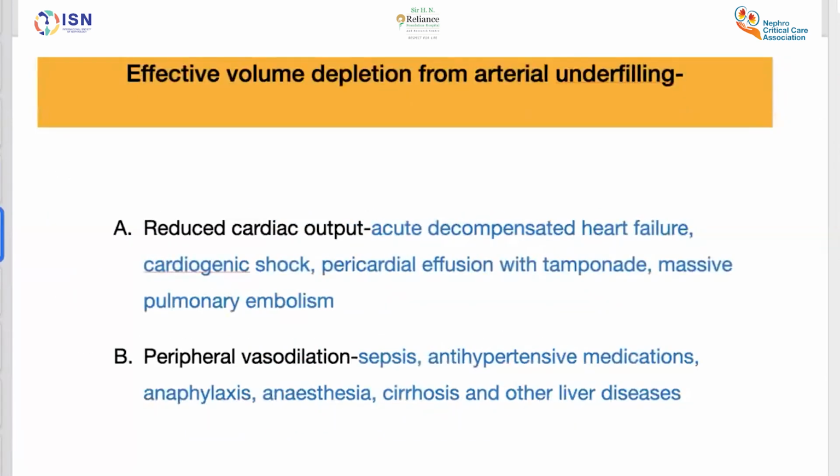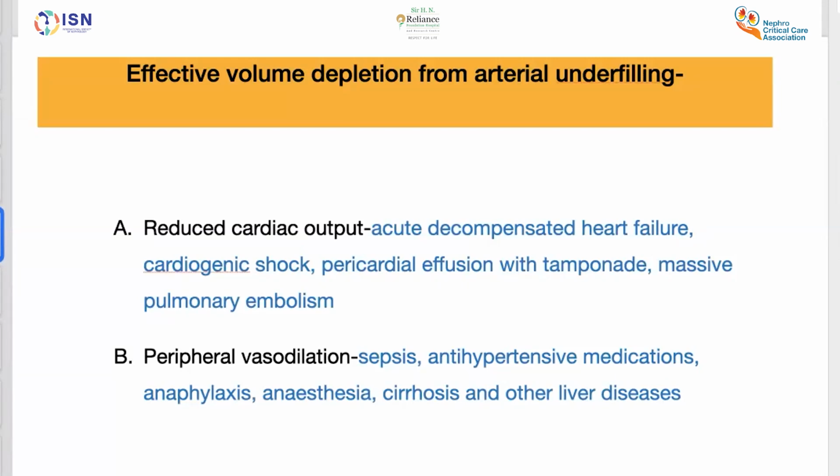Then effective volume depletion from arterial underfilling. Arterial underfilling may be because of reduced cardiac output and/or peripheral vasodilatation. In this case, intravascular volume may be normal, but the arterial underfilling will be there.